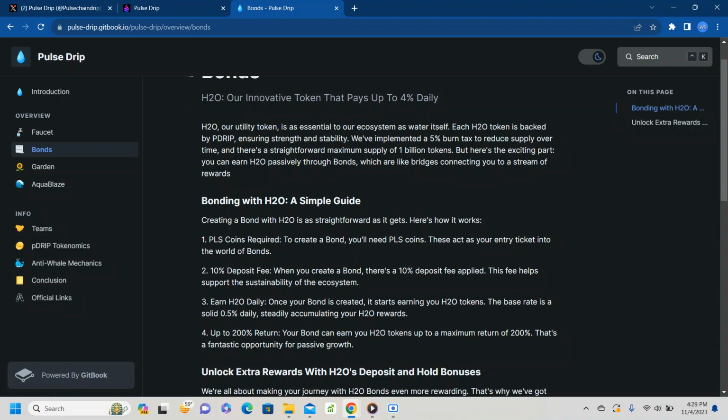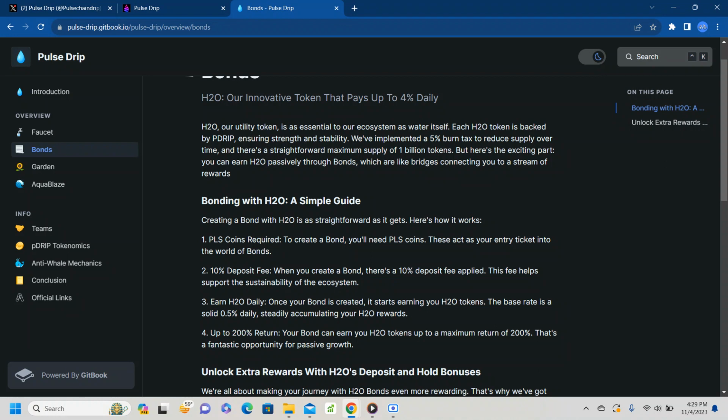On the back end, the PLS is buying PDRIP, right? And then the PDRIP is supporting H2O, which a percentage of that H2O will be burned. PDRIP will also be providing that liquidity to H2O, if that makes sense. So that's how it works.